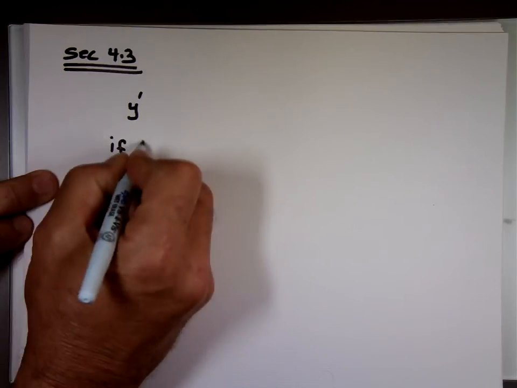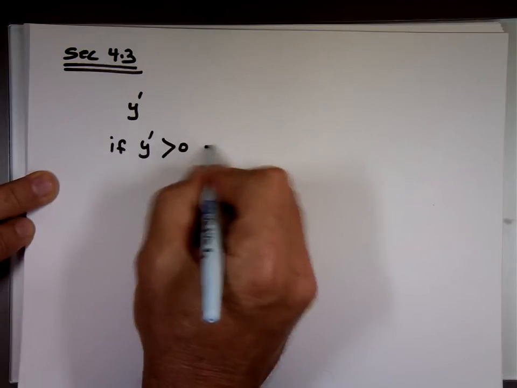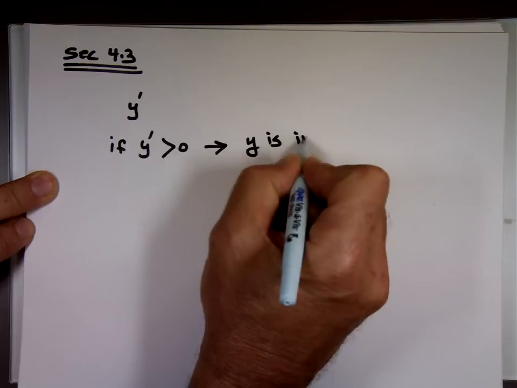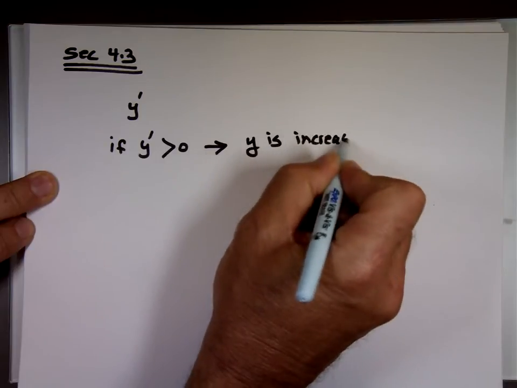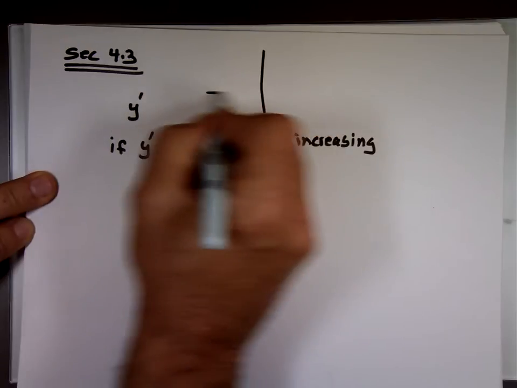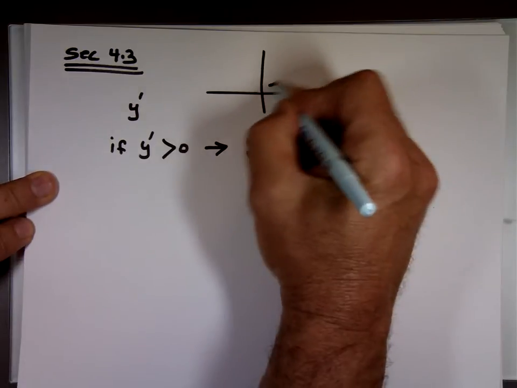If the derivative is greater than 0, that tells me the function is increasing. What does that mean, increasing? As you travel from left to right, what's happening to the y value for increasing? It's going higher.